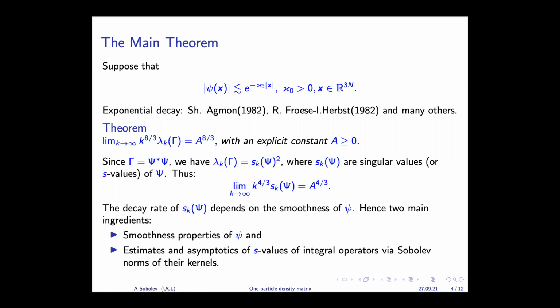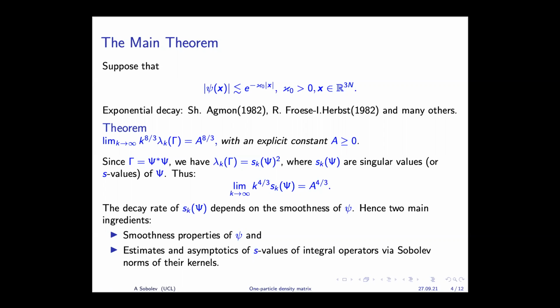Now, the question is, how fast do the singular values s_k of psi decay as k tends to infinity? It is well known that the decay of singular values or eigenvalues, depending on the context, depends very much on the smoothness of the kernel. So for an integral operator, the smoother the kernel is, the faster eigenvalues decay.